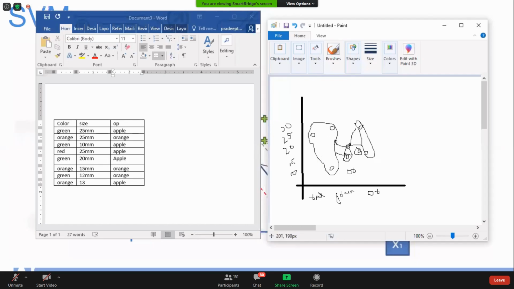So at that time, what happens? This orange is misclassified as apple. At the same time, if you put another one which looks like an orange or so, it misclassifies that as an orange. So that is replaced with SVM. So how is it replaced?